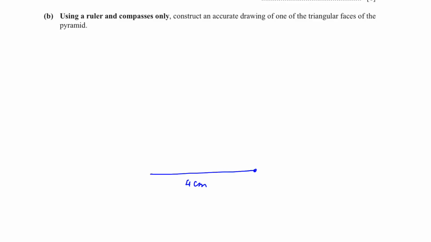Then from this point, measure 6 centimeter in a compass and make an arc. And with the same 6 centimeter, place the compass here, make an arc here, and join the sides. So that's how you will be making the triangle. 6 centimeter and 6 centimeter.